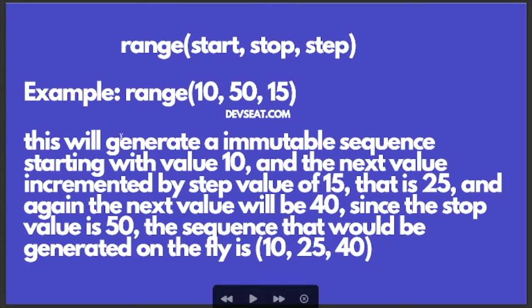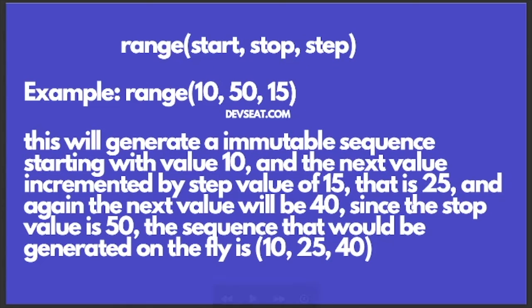So this will generate an immutable sequence starting with value 10, and the next value will be incremented by a step value of 15, that is 10 plus 15 equal to 25, and again the next value will be 25 plus 15, which is 40.